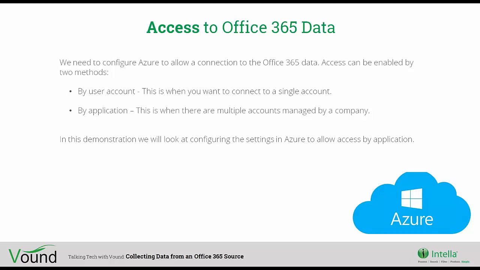The by application method is used when you need to gain access to multiple accounts which are managed as one group, a bit like a company subscription. Note that you may need to use that option even if you are connecting to a single account if that account is part of that sort of group subscription.